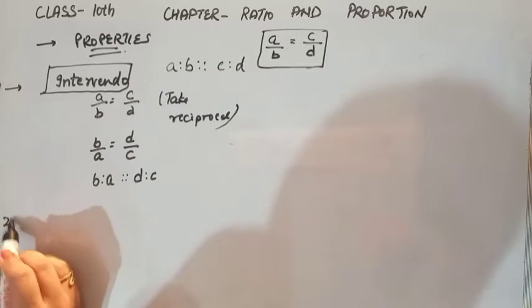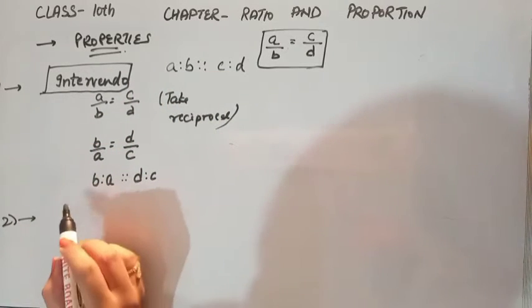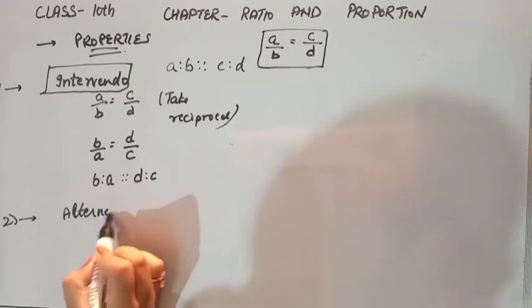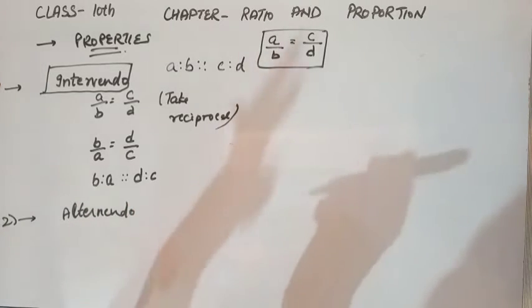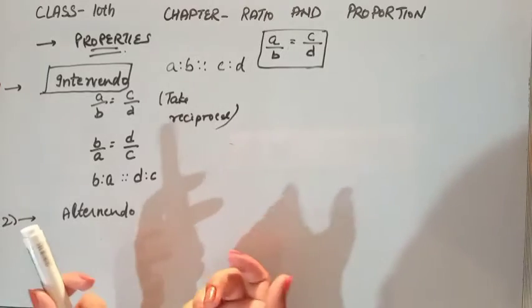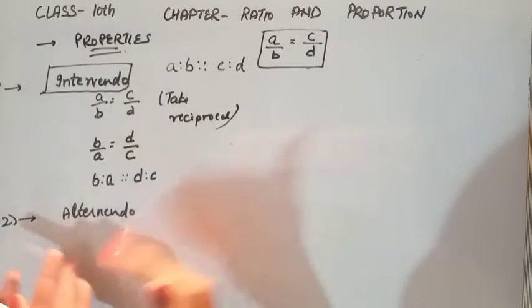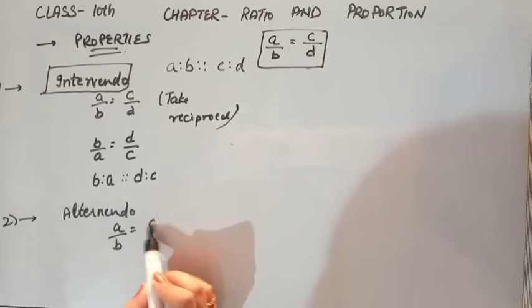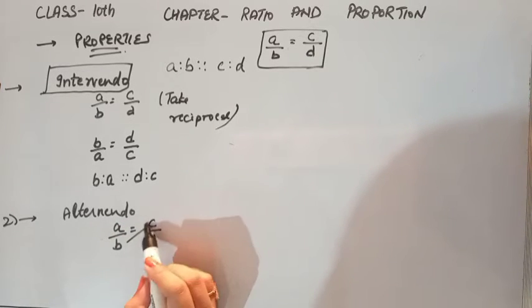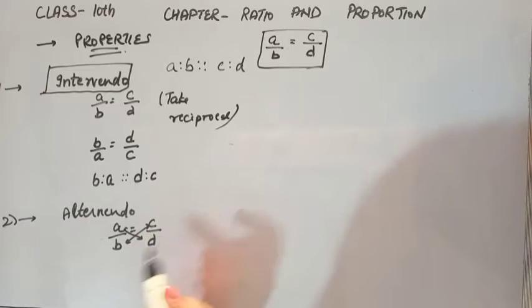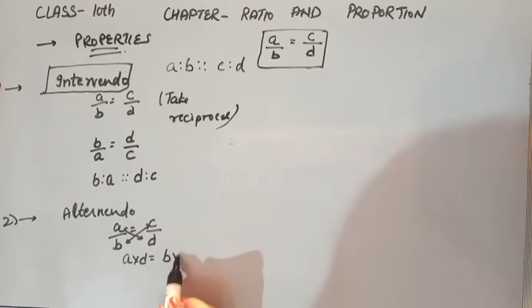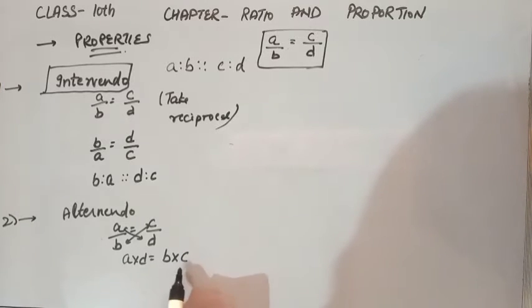Our next property is alternendo. Alter means to change their positions. So our ratio is A by B is equal to C by D. If we cross multiply, the result will be A into D is equal to B into C. Put C over here and D over here.